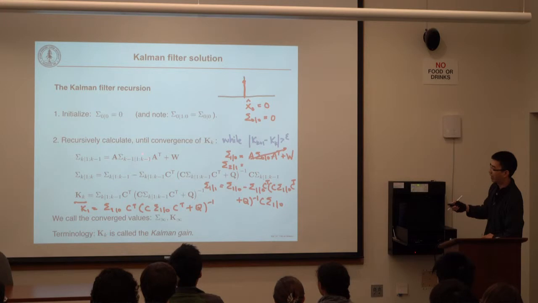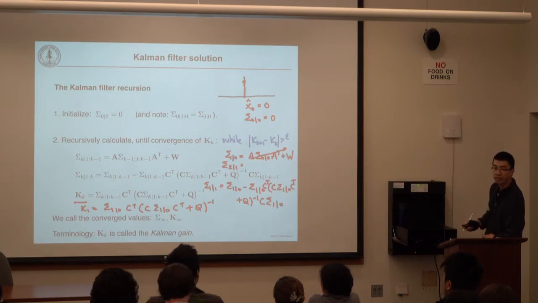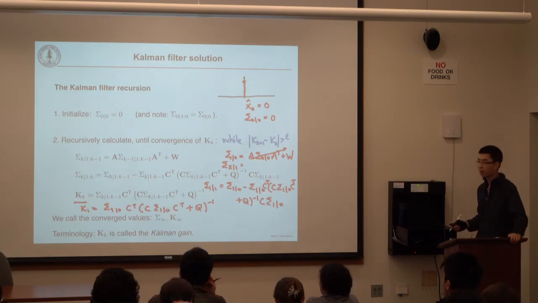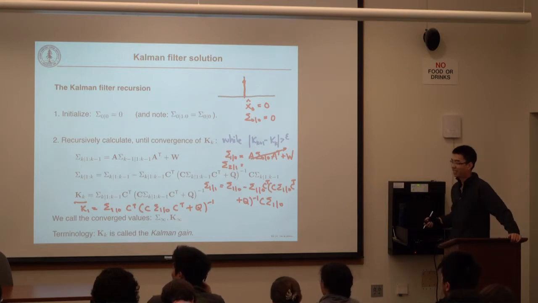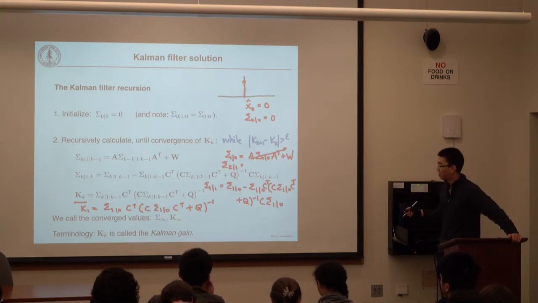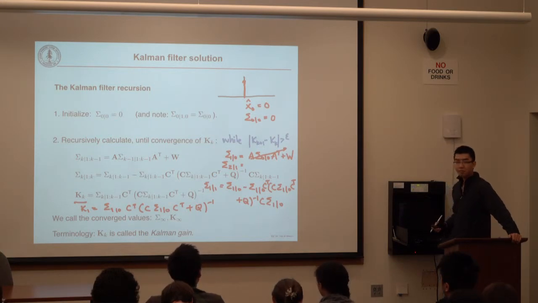I just wanted to make it clear, since this doesn't exactly look like sigma 0 given 0, that this thing here is this term here. Is that clear to everyone? It's just to make sure that you can initialize this entire equation. So just for the first iteration when k equals 1, this term here is equal to 0. Thank you. All right.